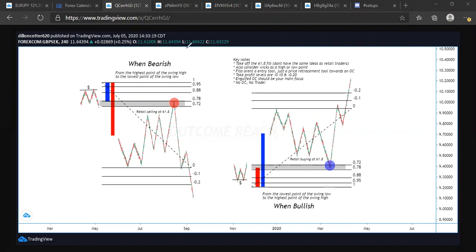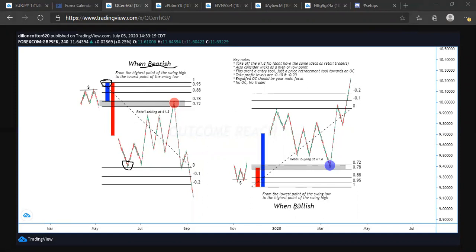So in placing fibs, when we're in a bearish scenario or looking for a bearish setup, we want to place our fibs from the highest point, the recent swing high, to the most recent swing low.